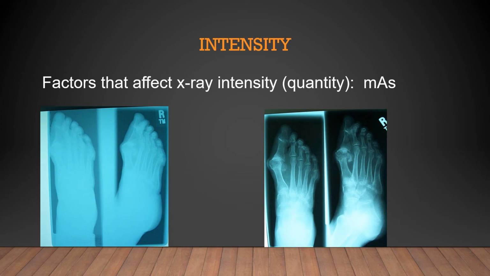But for now, know that, let's say that the first image was 0.25 mAs, and the second image was 2 mAs. I have more quantity of electrons, so my image is going to appear darker. So x-ray intensity, or the quantity, is proportional to the mAs, milliamps per second.